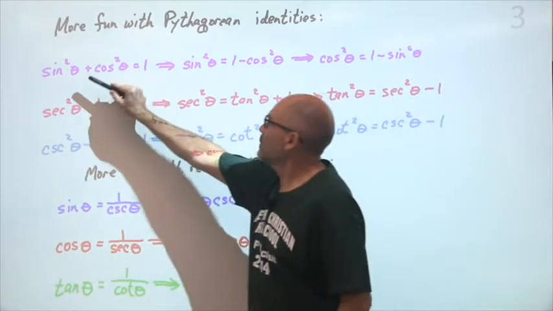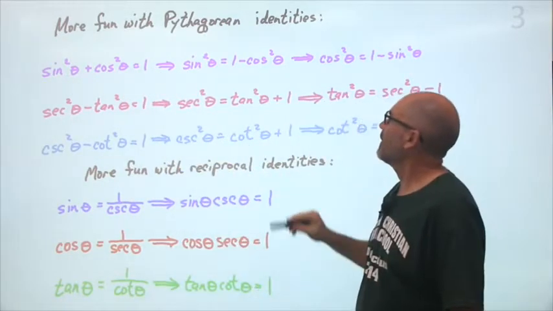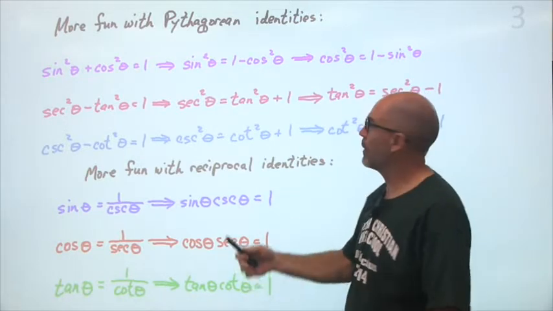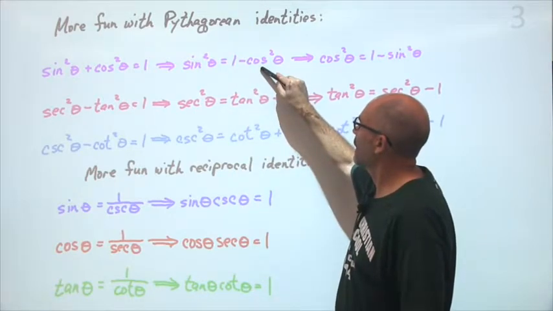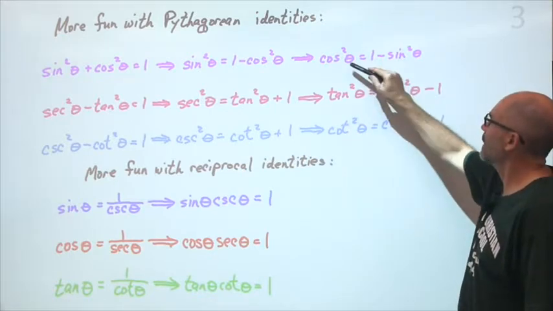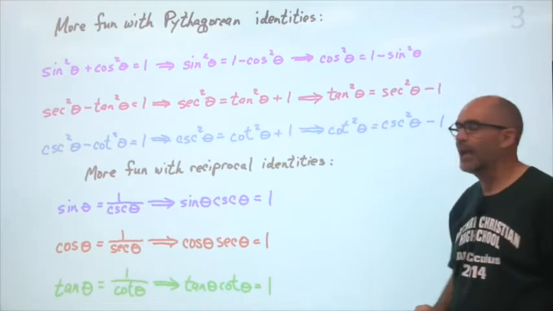Okay. So, when you take sine squared plus cosine squared equals 1, if I wanted to substitute a cosine squared for sine squared, all I do is subtract cosine squared from both sides. If I want to substitute a sine squared for cosine squared, all I do is subtract the sine squared from both sides.